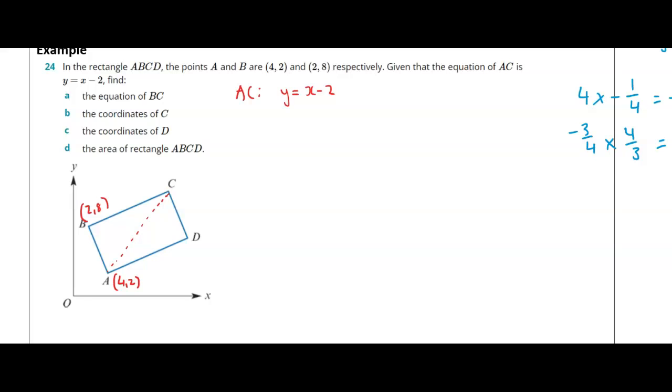What we need to do is find the equation of BC. I don't think we can do that without working out the point C. Let me just quickly think. We don't know what C is.